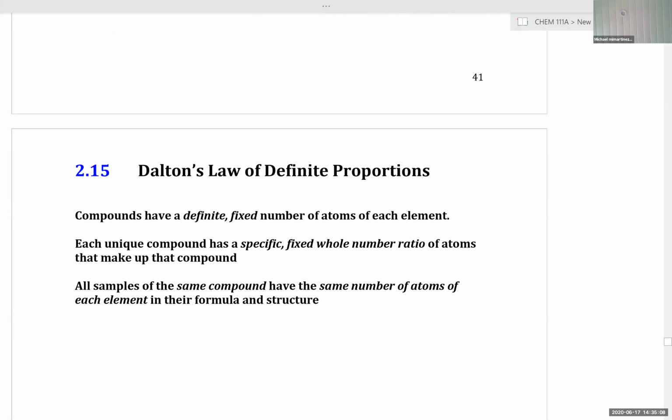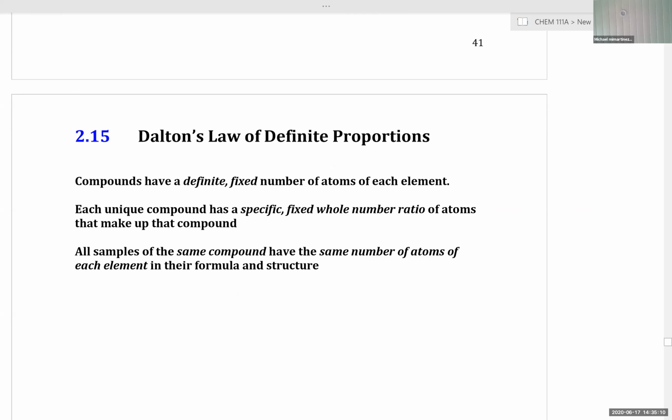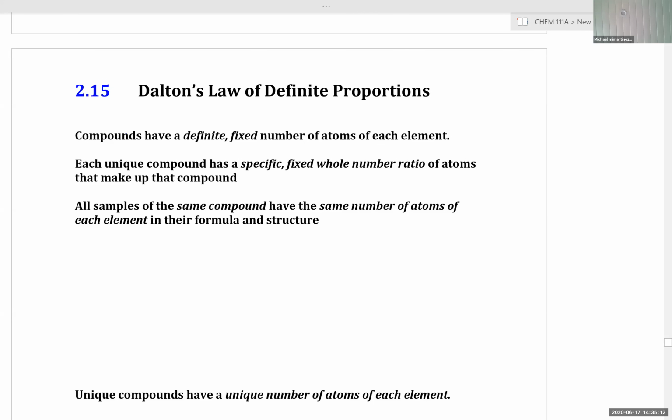Let's talk about one of the two major sets of Dalton's laws, which is Dalton's law of definite proportions. And this essentially states that compounds have a definite fixed number of atoms of each element. Each compound has a specific fixed whole number ratio of atoms that make up that compound.